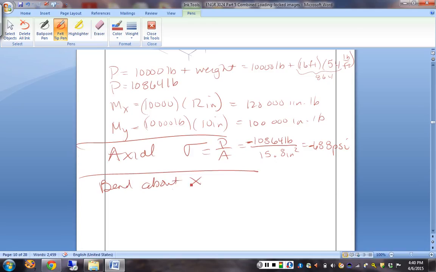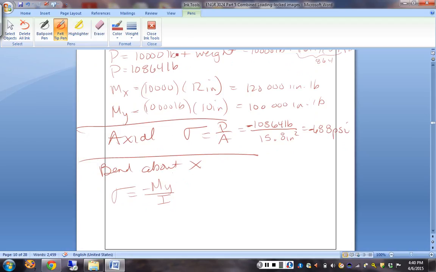How do we figure out our bending about X, Cassiola? Negative M Y over I. Do we know which way? It's a symmetric one. So I'm going to do the more general case.